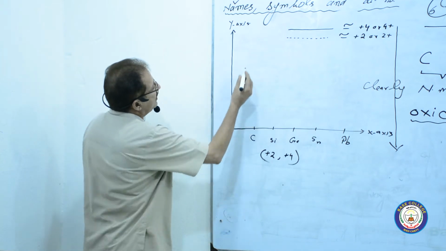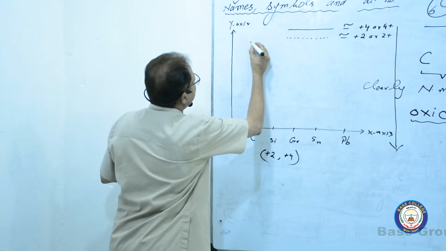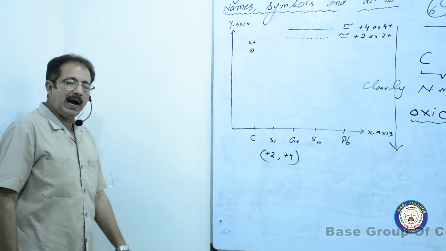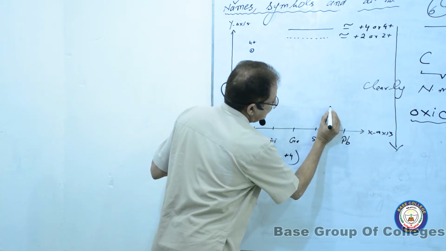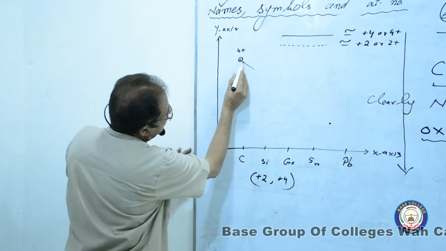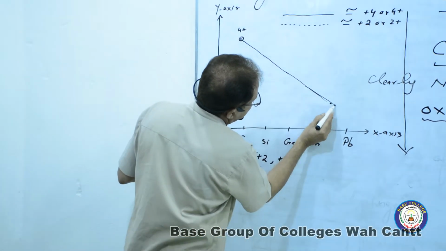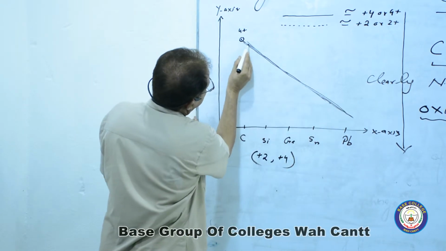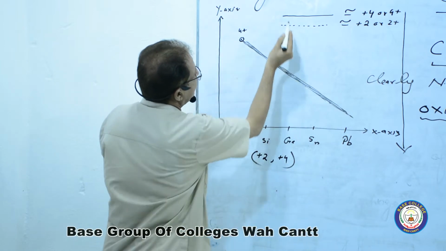First of all, I take here carbon. This is the 4 positive oxidation state of carbon, highest. And here, this line, a solid state line like this one.